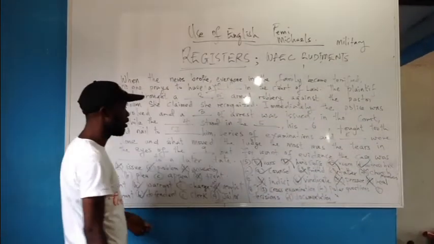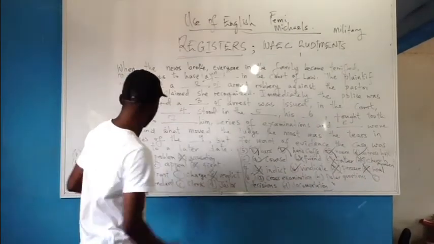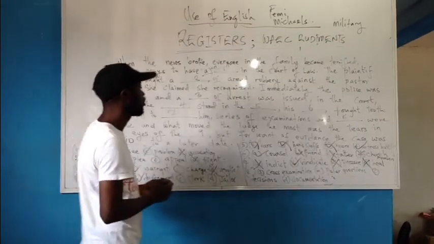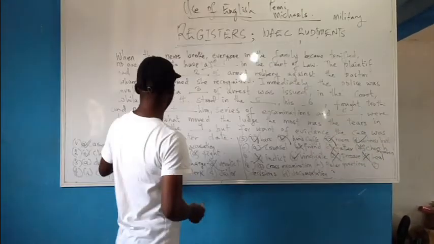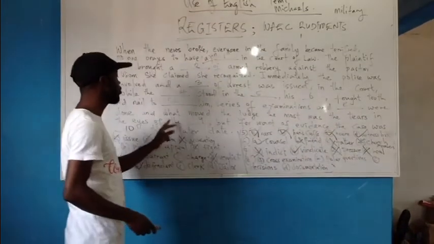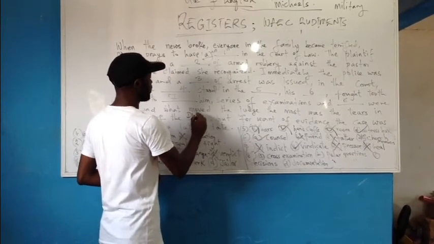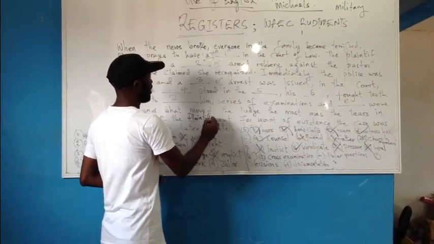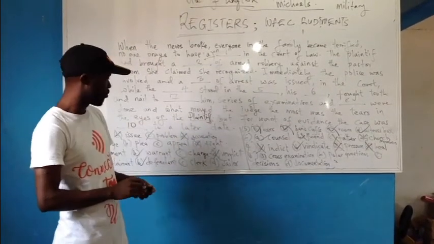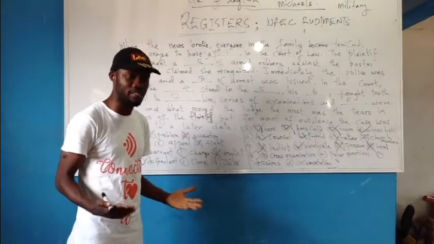Then the last but not the least, we have, I think we have 2 more options there. Yes. We're done, and what moved the judge the most was the tears in the eyes of the plaintiff. The person who is claiming that he has suffered a loss. The person is crying, please deal with this person, please.